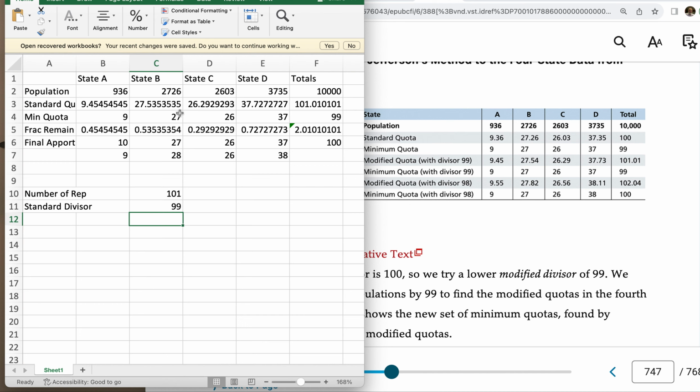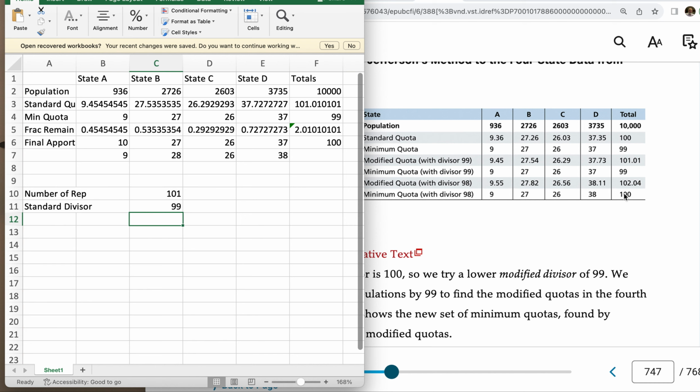So, Hamilton method, once again, give it to the highest decimal. Jefferson method, take the standard divisor and modify it, and so you get modified standard quotients that finally go high enough to allocate all of the representatives. 100 didn't work. 99 as the standard divisor, making a modified quota a little higher, but still not enough to allocate them.